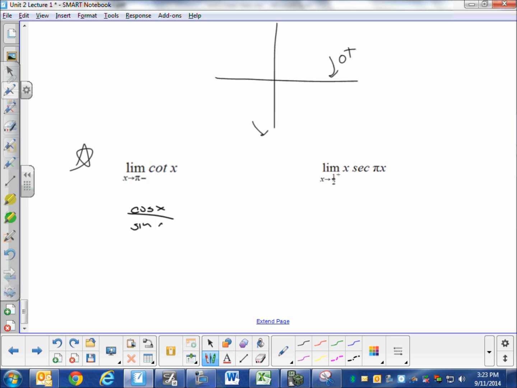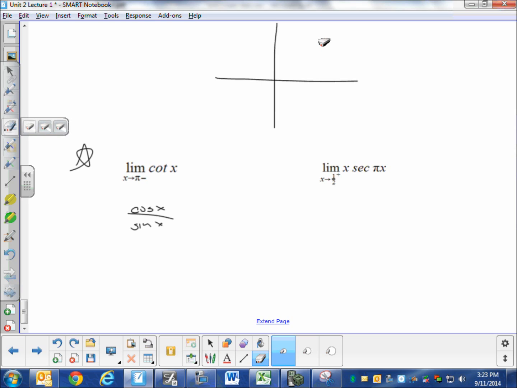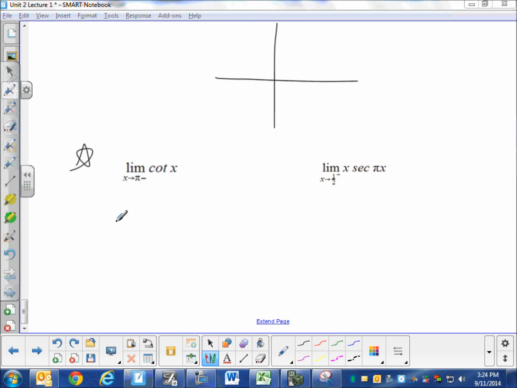That's how I would prefer to do this problem. Did you get it, Mr. Thomas?